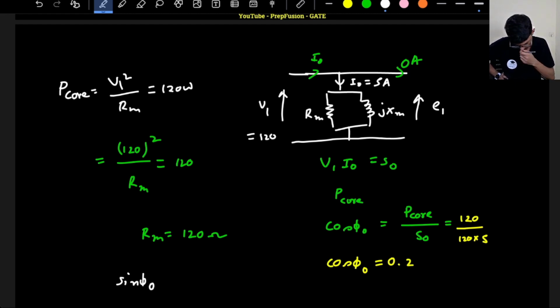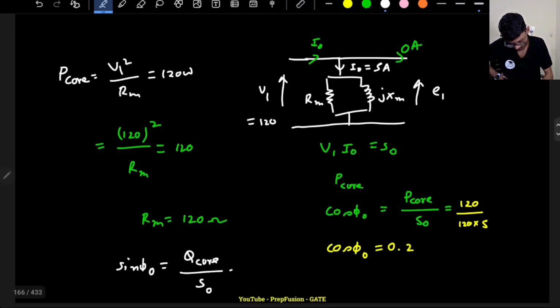This is the active power component. The reactive power component will be VO into, I'm just thinking something else. This is the kVA loss, and there are two components to it. Yes, this is actually correct. So sin phi O will be equal to my reactive power in the core divided by the overall S naught.